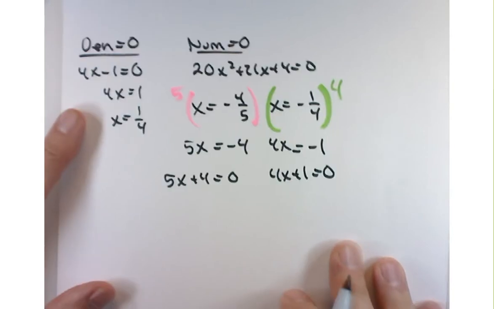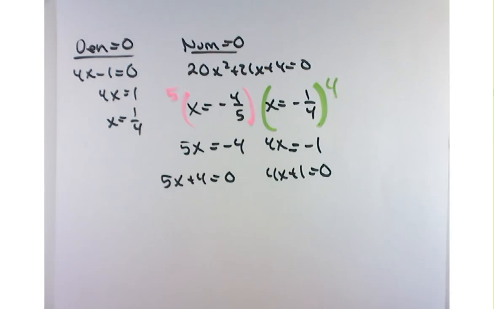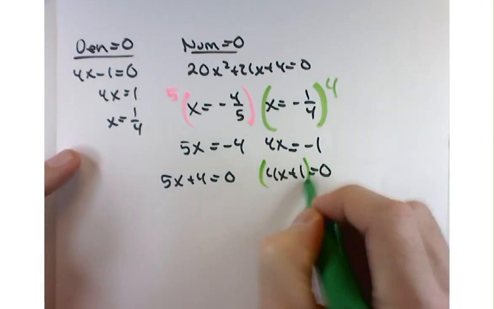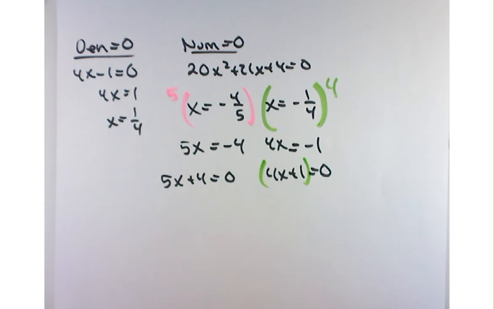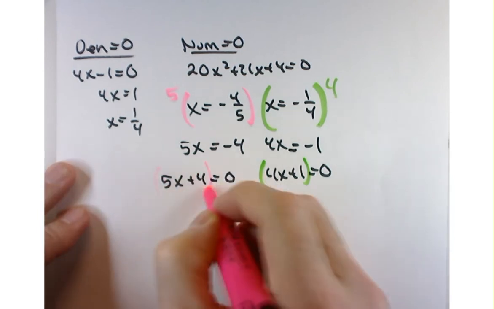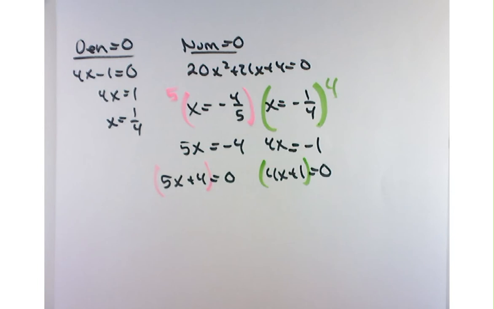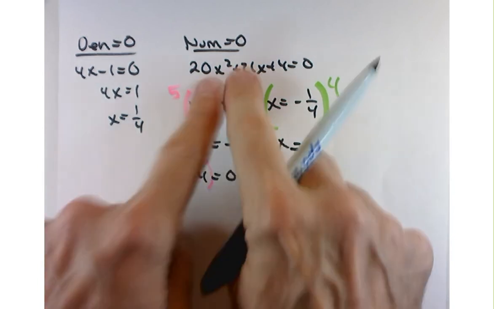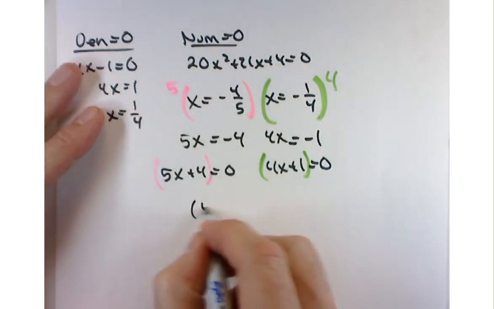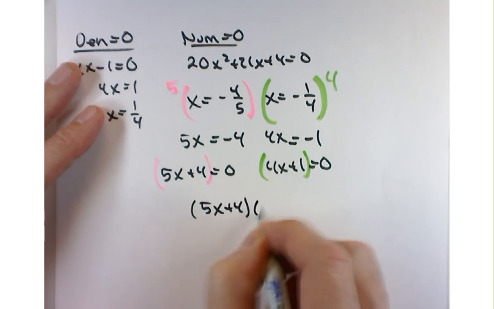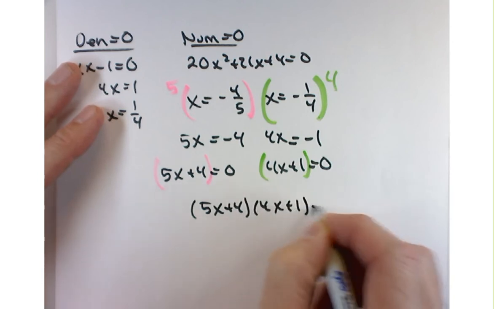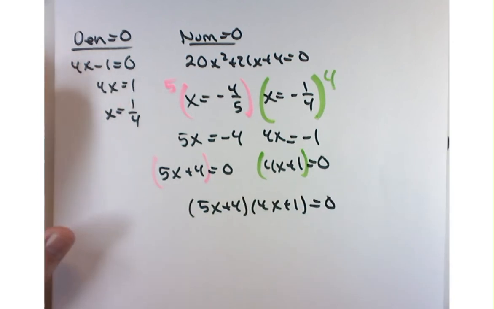Now here's the cool thing. And it's not necessarily something that we need for this problem, but it's kind of a nice little trick here. Those two binomials, that's how this factors. This factors into 5x plus 4 times 4x plus 1. Wow, that's kind of cool.